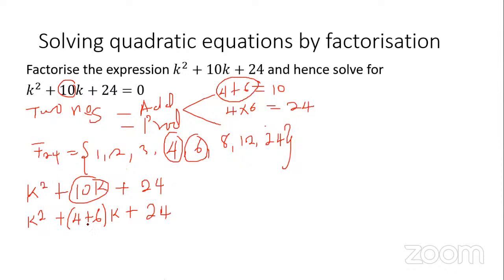So what we are going to do next is we have k squared, then 4 times k. What is 4 times k? 4k. 6 times k, 6k. Then plus 24.